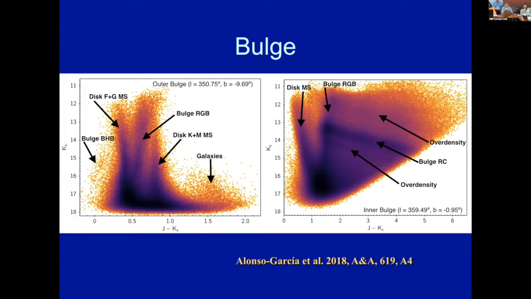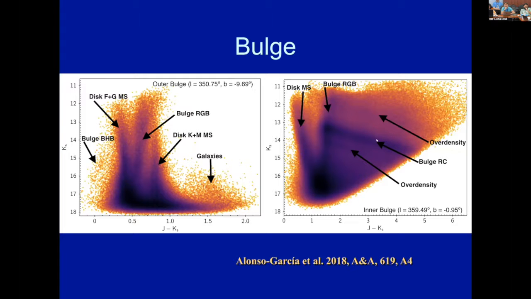But on the other hand, the bulge red giant branch stars are going to dominate, and you can find some of these extensions produced by the extinction. The main one is the bulge red clump stars.